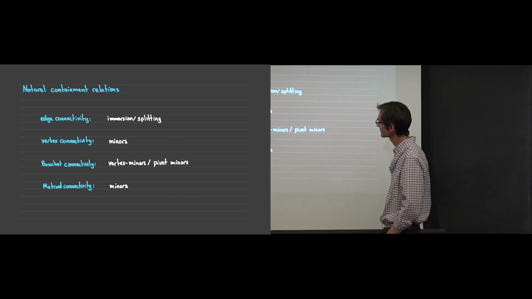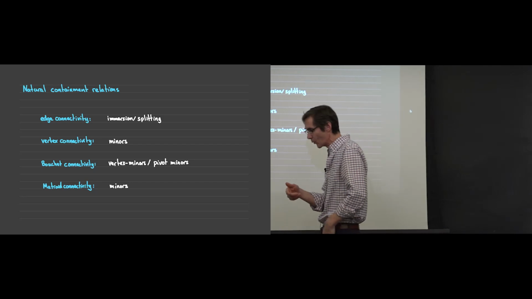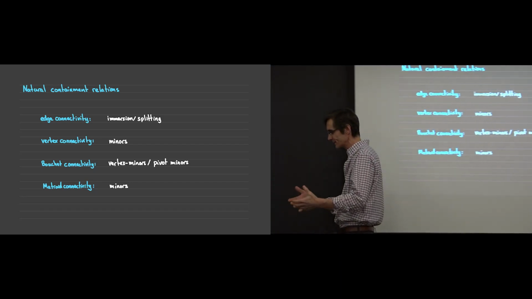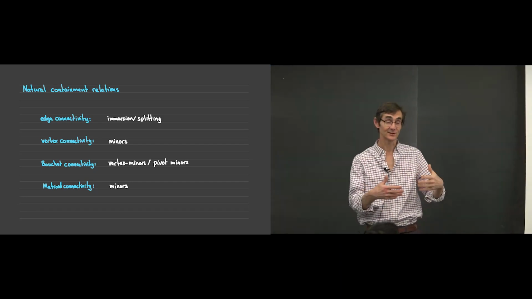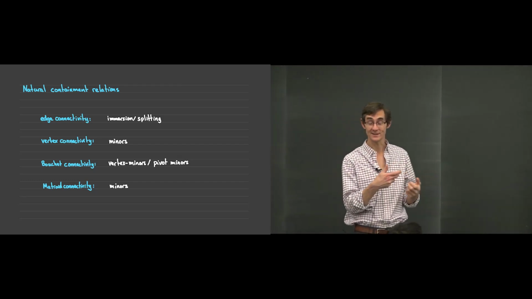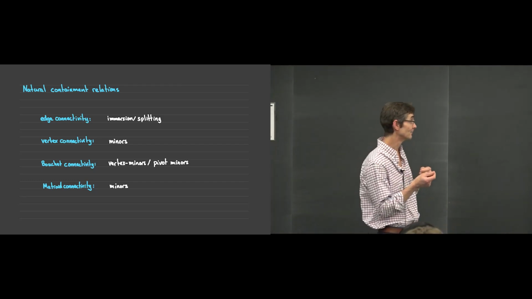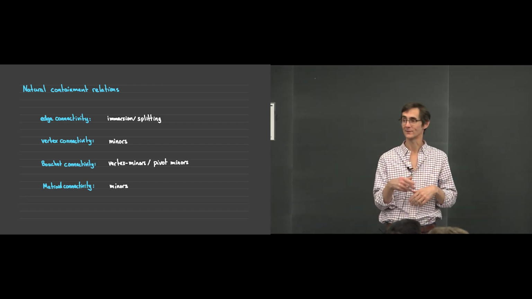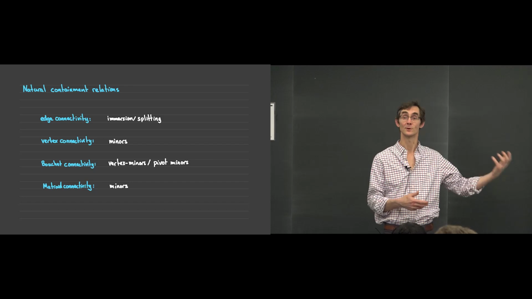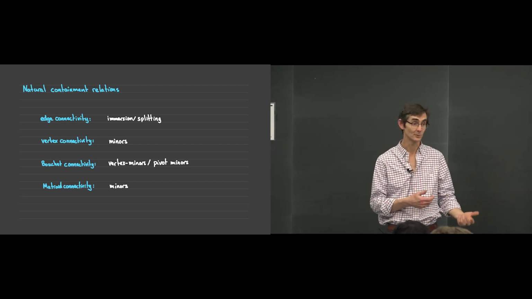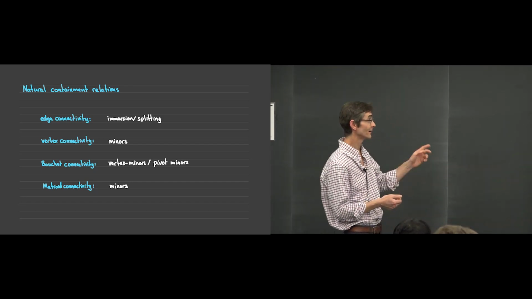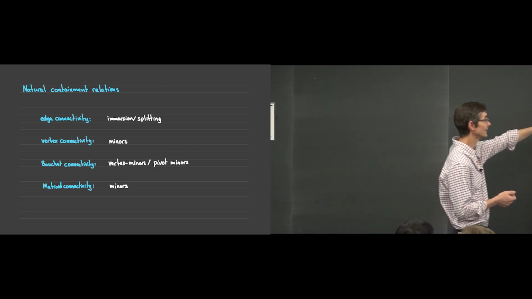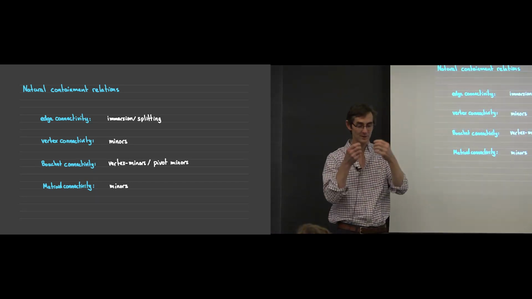Okay. So when you're dealing with connectivity, you usually have some natural associated containment operation that you care about. Or more often, it's the other way around. You care about some containment operation, and then you get led to a certain kind of connectivity that's related to it. And so edge connectivity is the kind of connectivity that you end up thinking about if you're dealing with immersion minors.